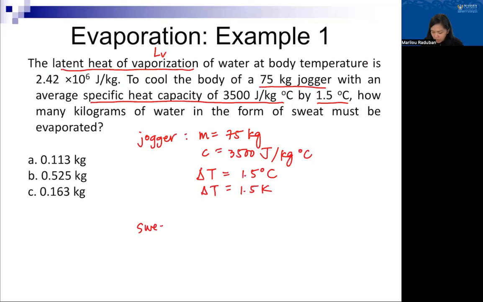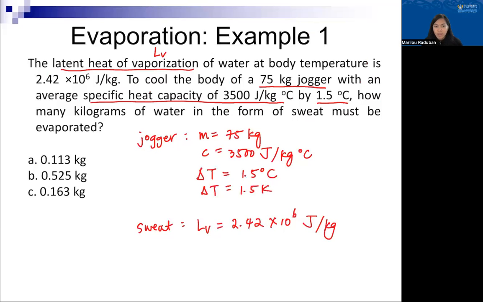Okay, about the sweat. What do we know about the sweat? The latent heat of vaporization of water. We assume that the sweat is in the form of water, so we can use the latent heat of vaporization of water for the sweat.